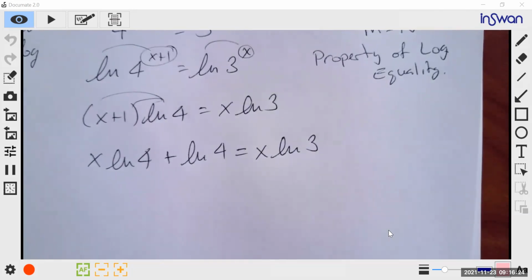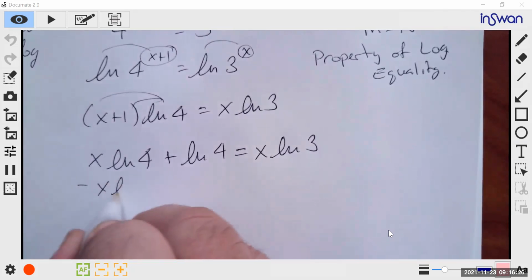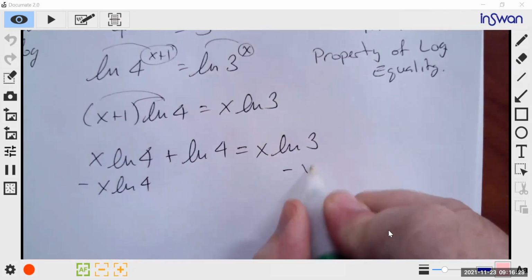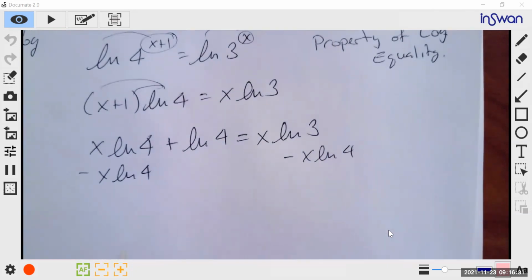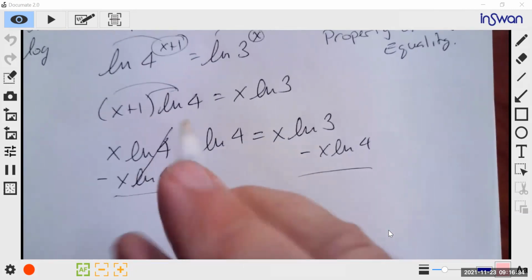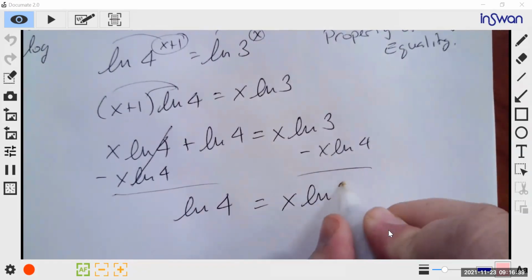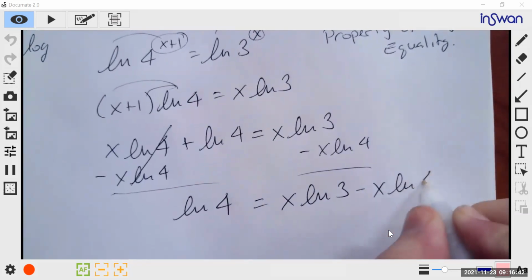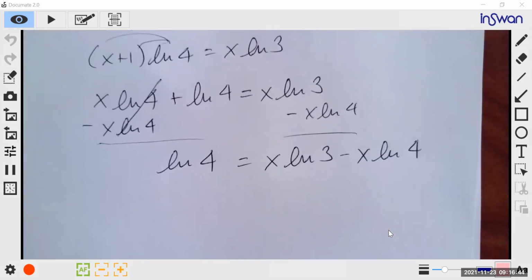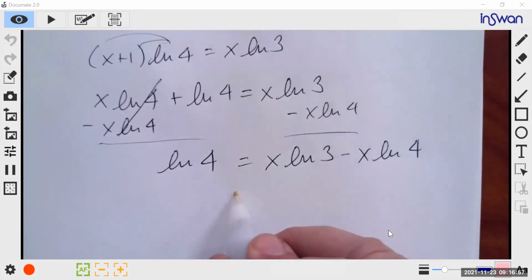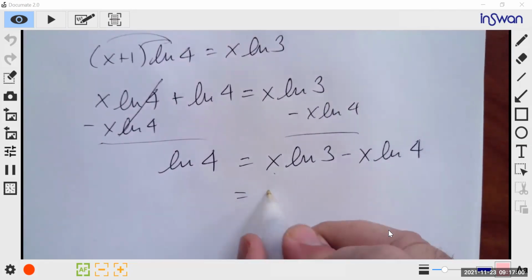Get all the x's on one side. So I subtract x ln 4 from both sides. Since I'm solving for x, they both have an x in common, so I can factor out the x.